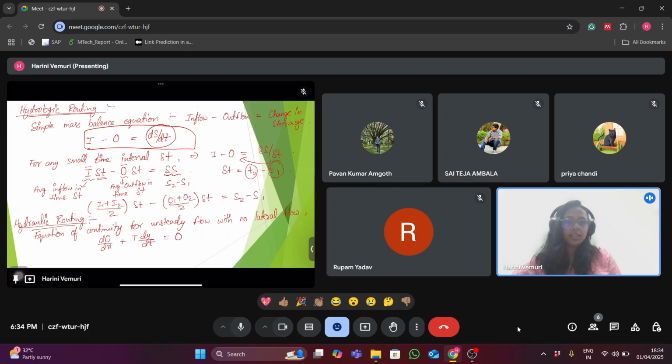Here O is the outflow of the section, x is the length, T is the top width of the section, y is the depth of the flow, and t is the time.